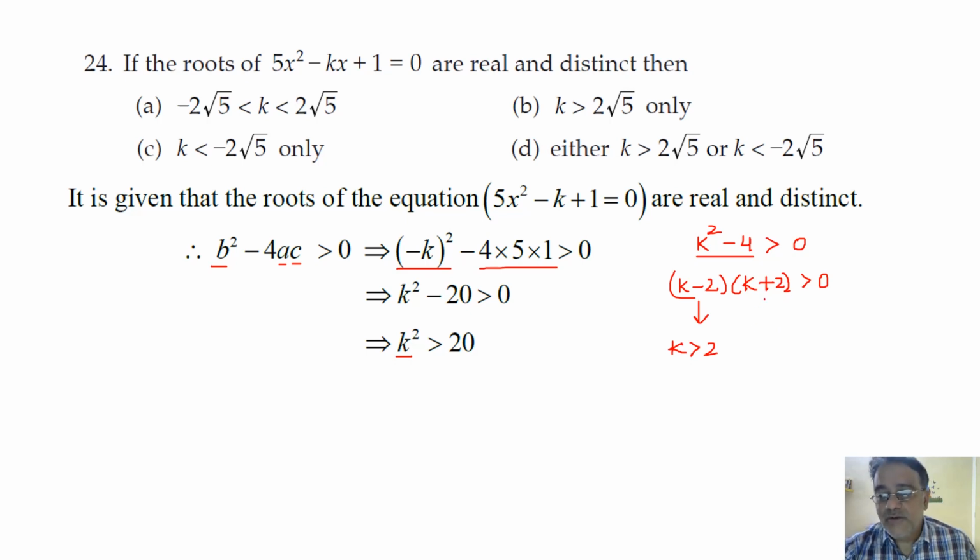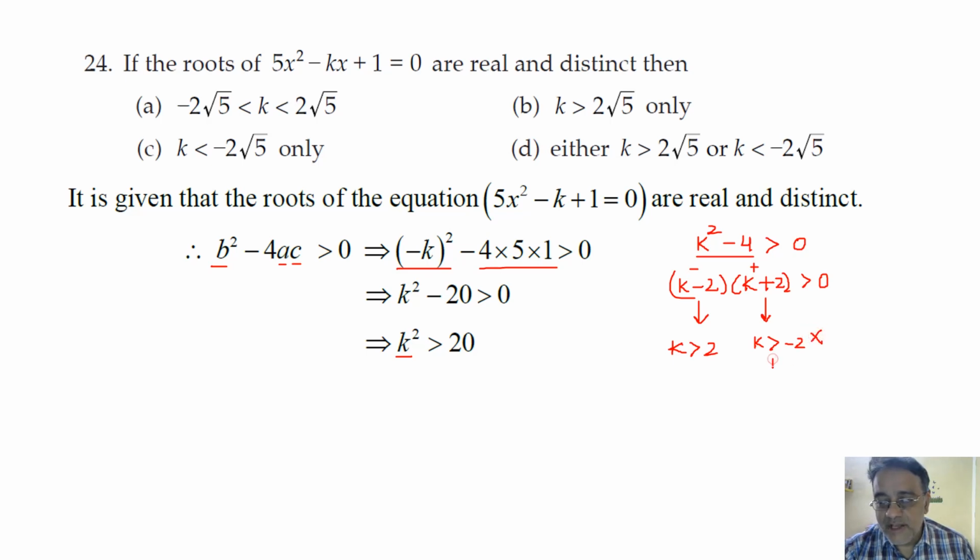Okay, now you check for K greater than minus 2, any nearest value, minus 1. Substitute minus 1, whether you are getting the product greater than 0. If we substitute -1, this one is coming minus and this one is coming plus. Minus into plus is minus only. So this is not possible.